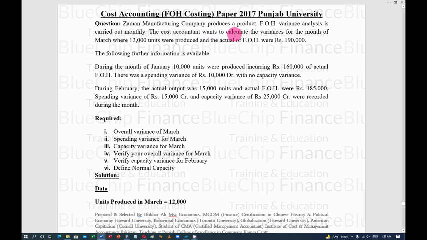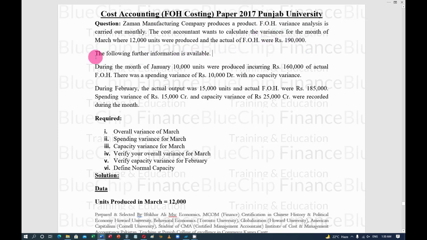The cost accountant wants to calculate the variances for the month of March, where 12,000 units were produced and the actual FOH were rupees 190,000. So 12,000 units of March is your capacity attained and actual FOH is 190,000.